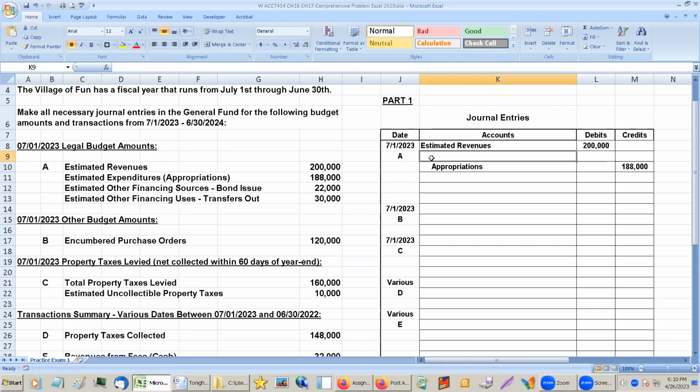Good, yeah, it's similar to money coming in. Just put the bond, 2,000.